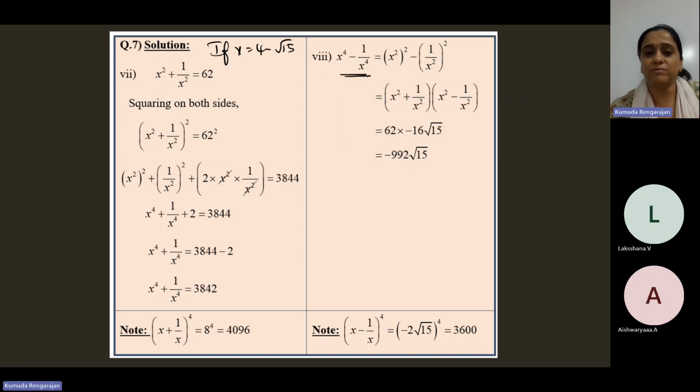So to find the value of x to the power 4 minus 1 by x to the power 4, you need the value of x square plus 1 by x square and x square minus 1 by x square. If you don't have them, you have to find them, and after finding both, substitute and calculate.